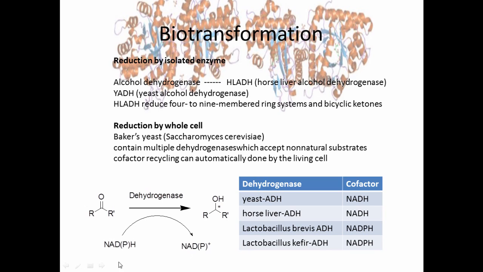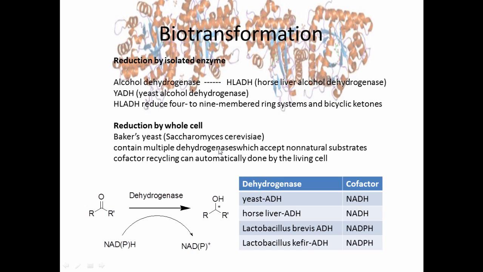There is glucose dehydrogenase, and other enzymes are also used which can recycle this NADP or NAD back to NADPH. Another enzyme is used for recycling this cofactor, so the cycle is complete and the reaction goes forward, because ultimately the cofactor is in a very small amount and can be consumed very fast. So recycling is important for NAD to NADH.